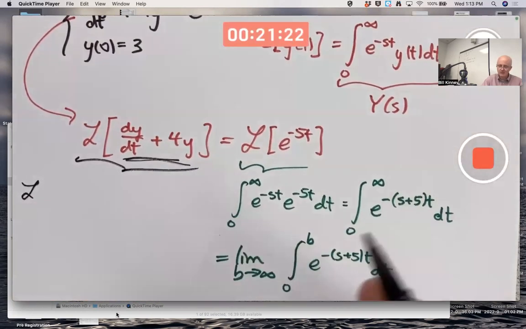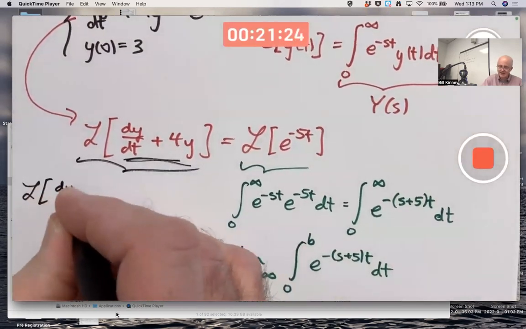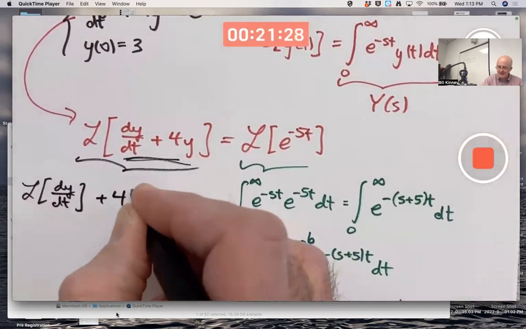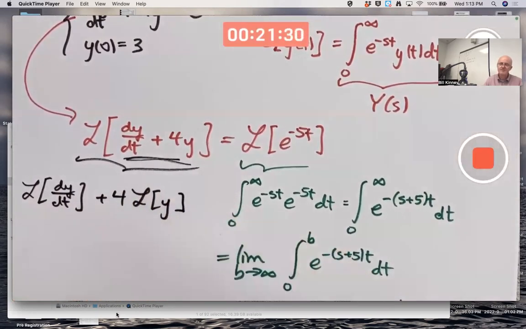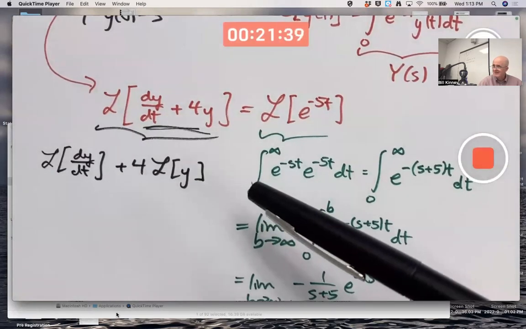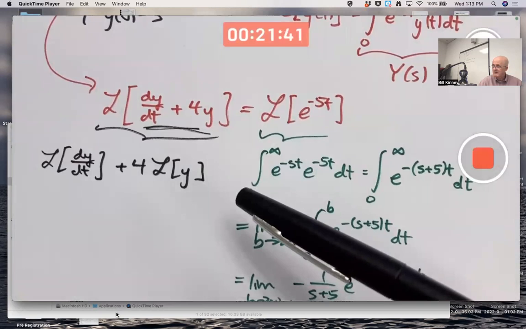This whole thing equals L of the first thing, dy dt, plus 4 times L of y. Right? That's operation preserving. I haven't mentioned operation preserving for 2 months or so.